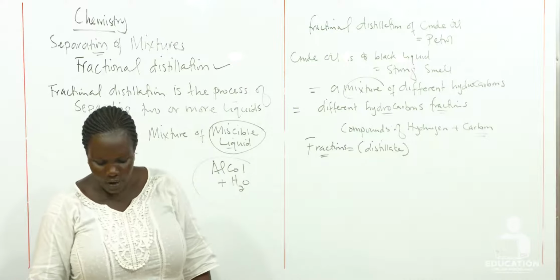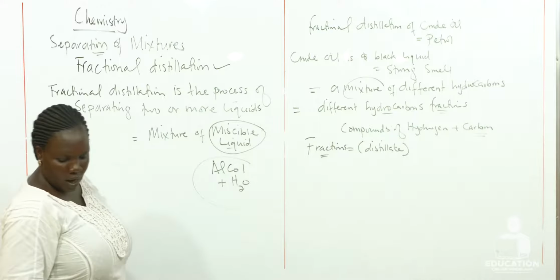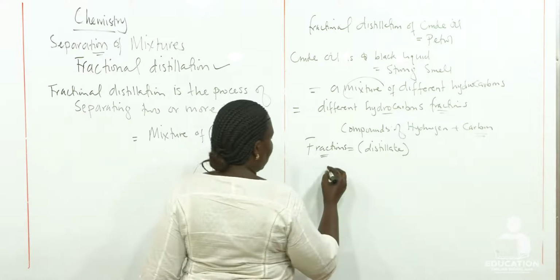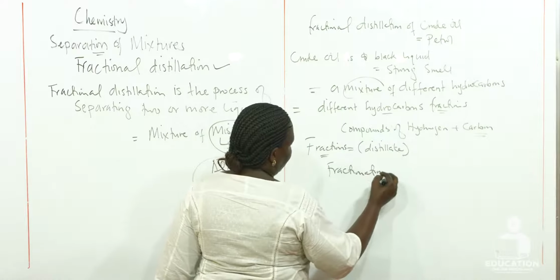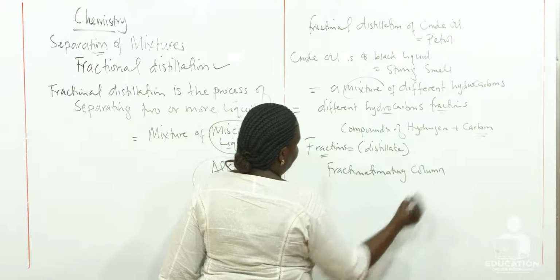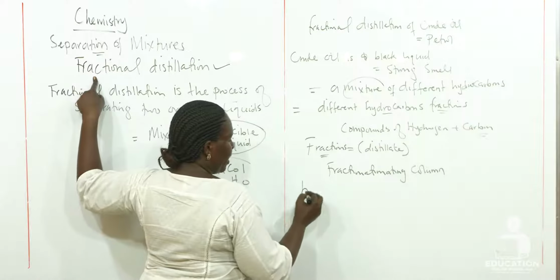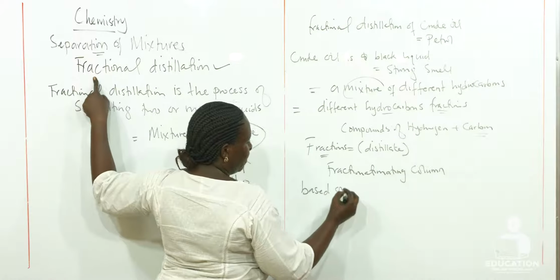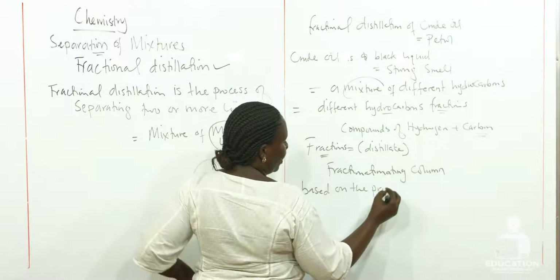This fractional distillation takes place with the help of what is called a fractionating column. It is based on the principle of different boiling points and condensation temperatures.